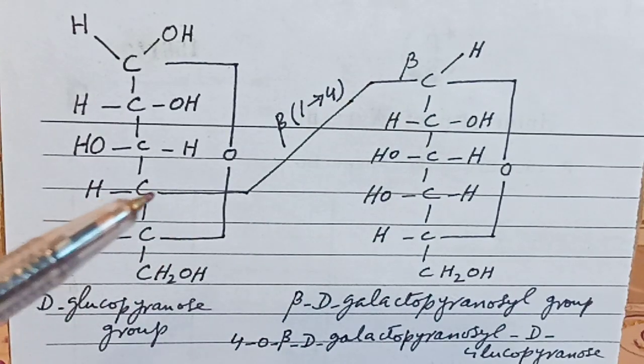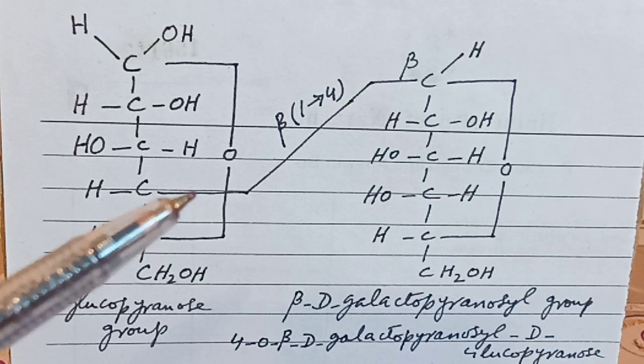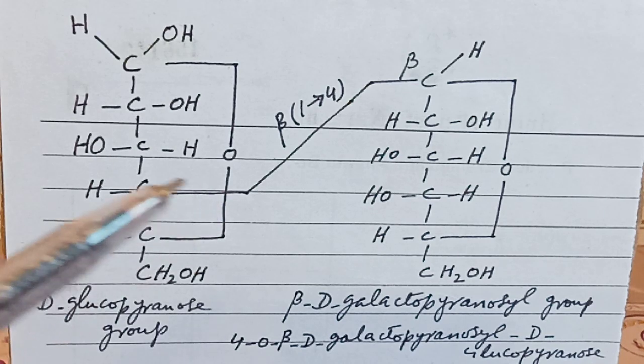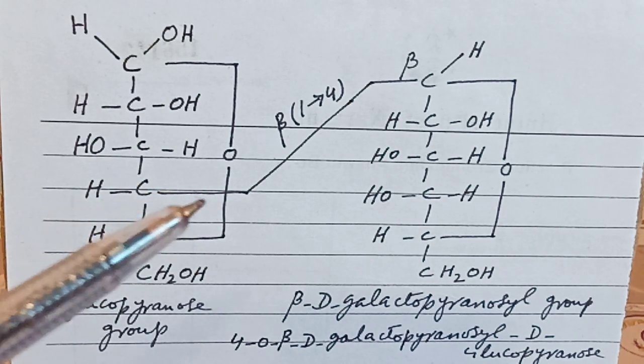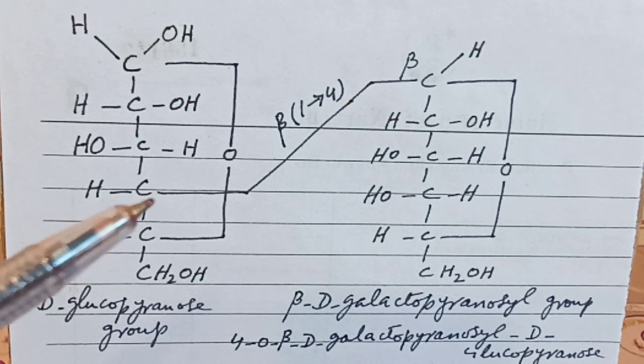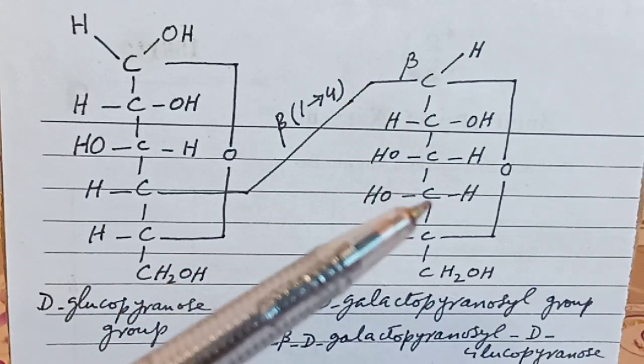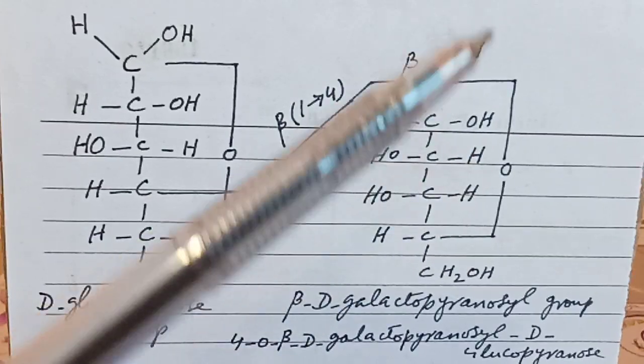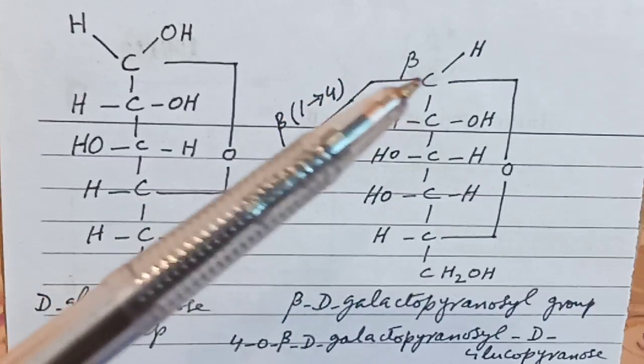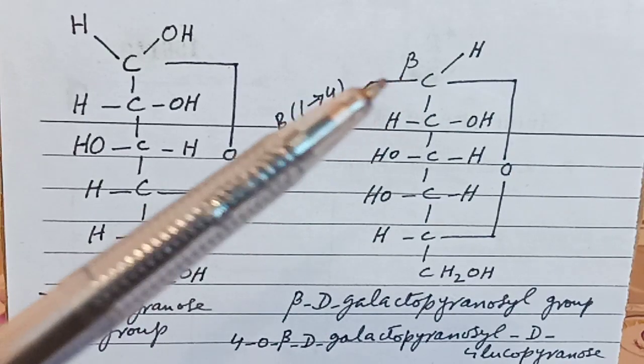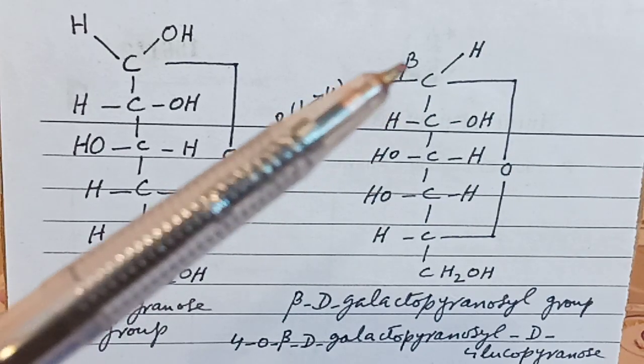This is the carbon number 4 position, on which the alcoholic group is on the right side. This is the D-glucopyranose or D-glucose structure. And here is the structure of D-galactose, in which the alcoholic group on the first carbon atom is on the left side, which is termed beta D-galactose sugar.